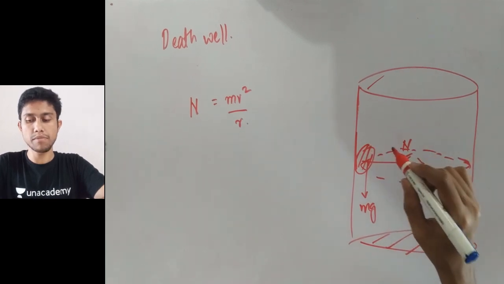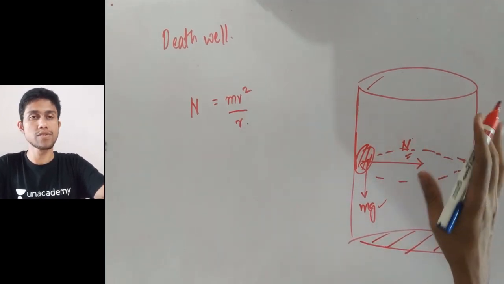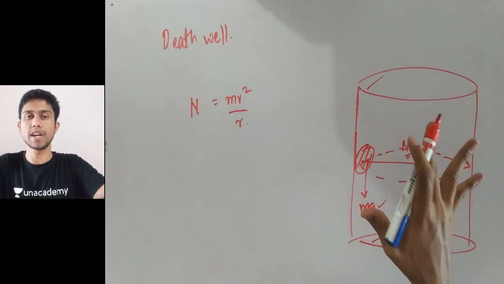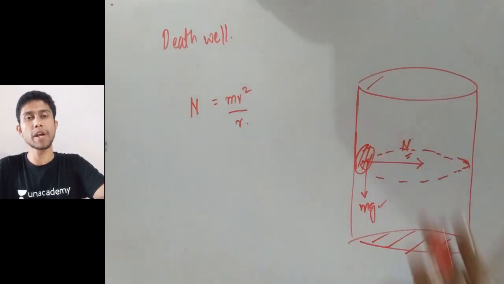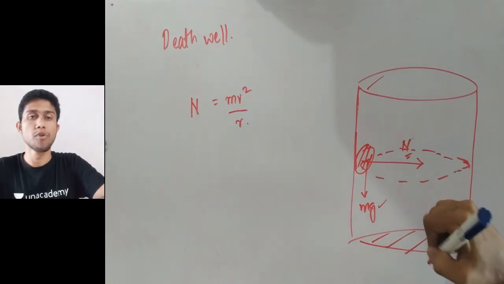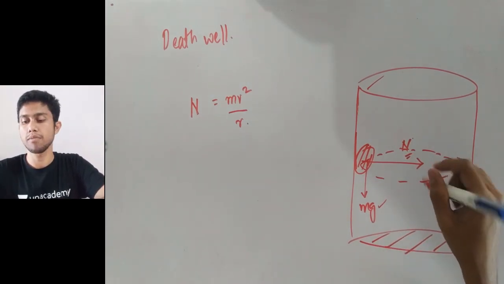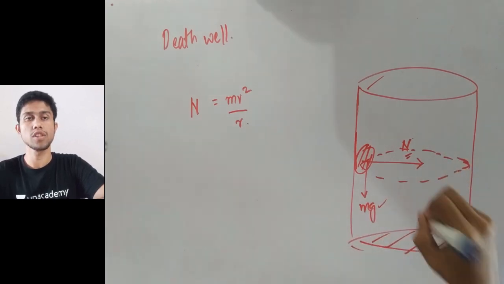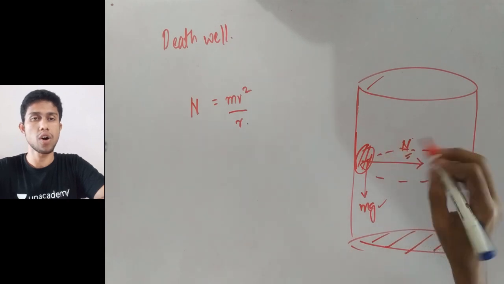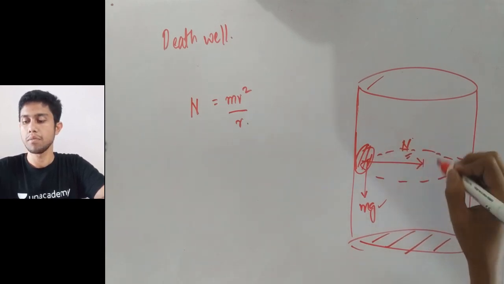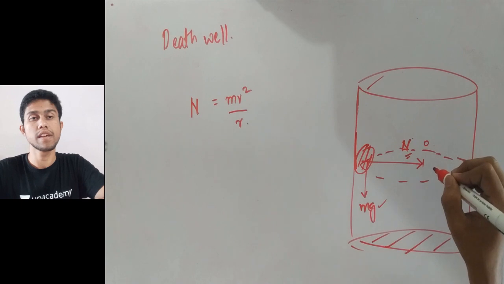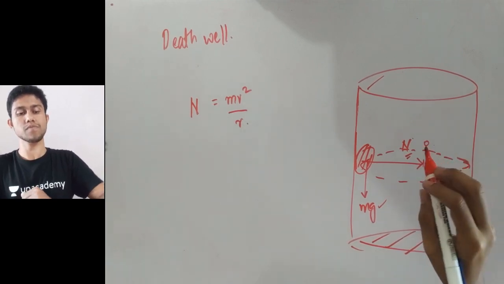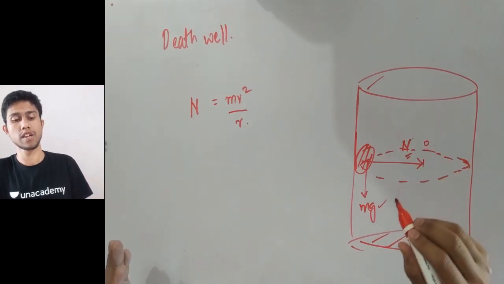Sometimes you may wonder how the normal can act as a centripetal force, but here the stuntmen drive their bikes not on the ground but on the walls. So this is the center, and the centripetal force is provided by the normal force in this case. In this way we have understood what the death well is.